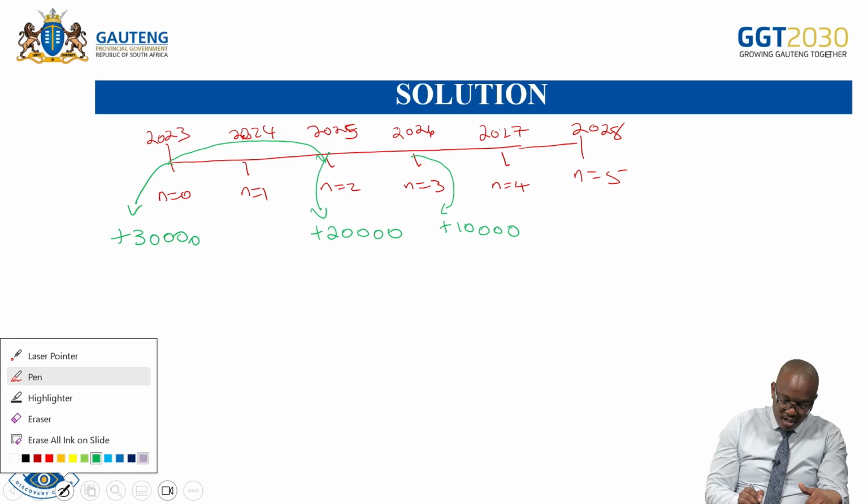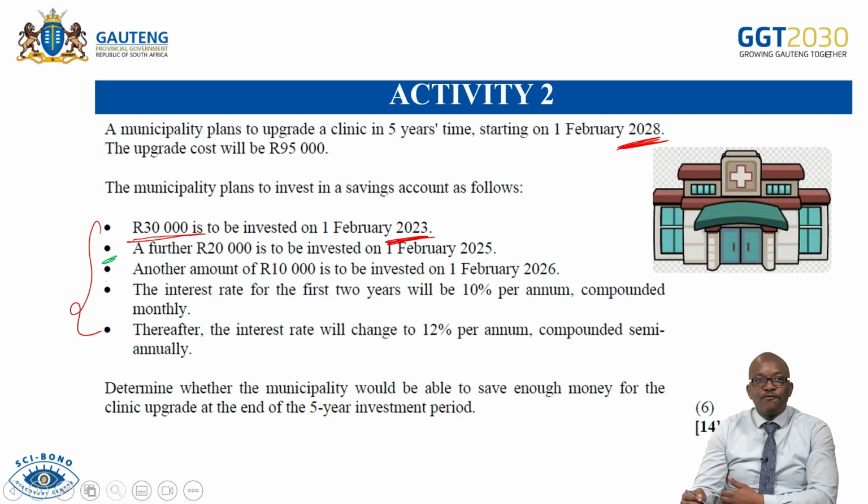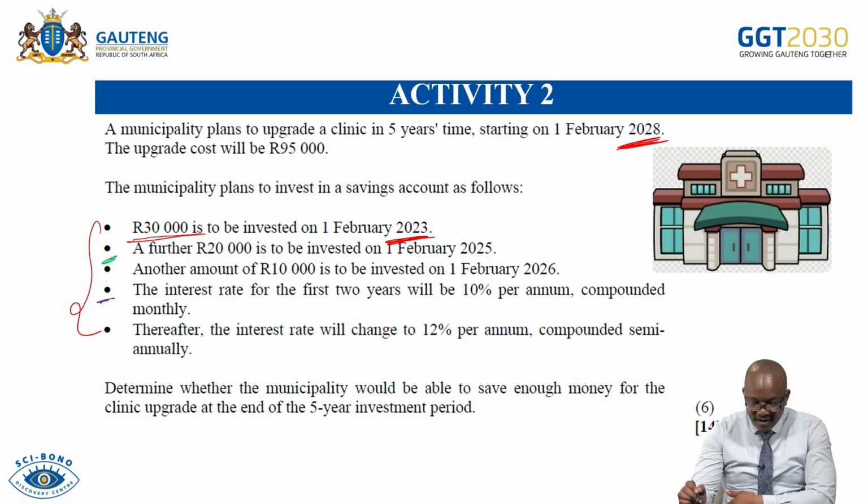So now, let's check the interest, bullet 4 and bullet 5. It says the interest rate for the first 2 years is 10% per annum compounded monthly.